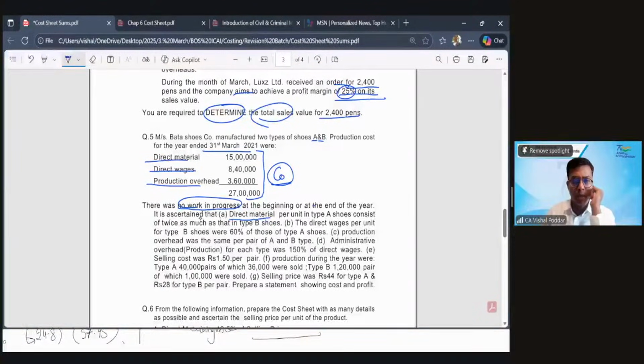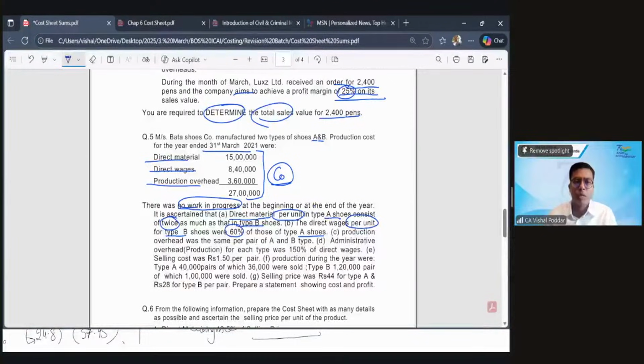It is ascertained that the direct material per unit, not total, for type A is twice that of type B. So for material, the language says that type A shoes require material which is twice that of type B. Direct wages again per unit of type B is 60% of A. Again, both the adjustments of material and labor are per unit, not total.